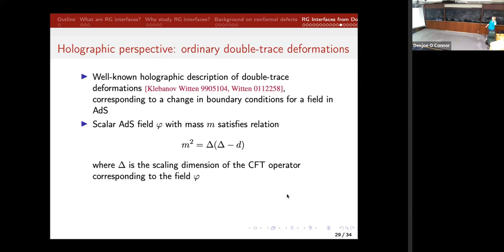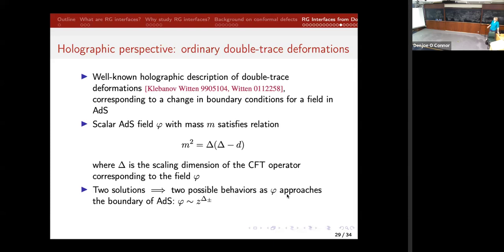Now we can talk about the holographic perspective. In ordinary double-trace deformations, there are well-known holographic results corresponding to a change in boundary conditions for a field in AdS. A scalar AdS field phi with mass m satisfies a relation between the mass of the bulk particle and the scaling dimension of some CFT operator on the boundary.